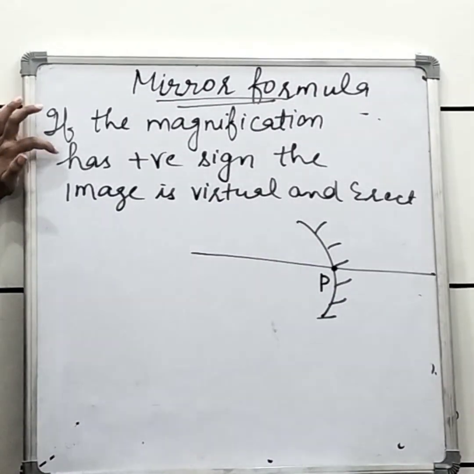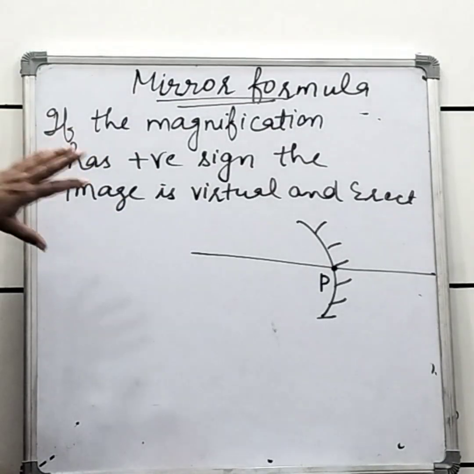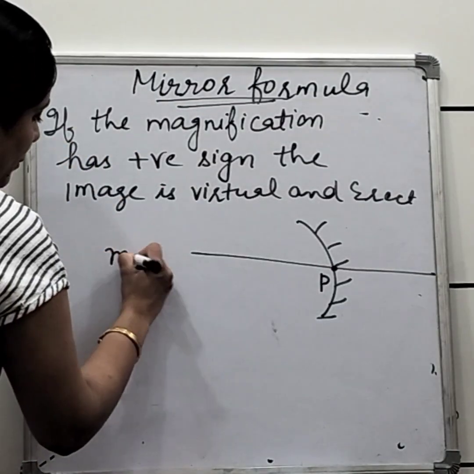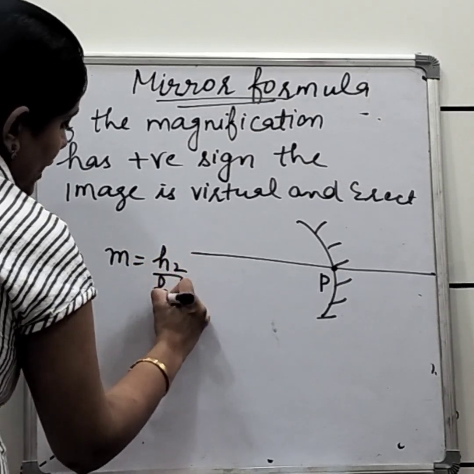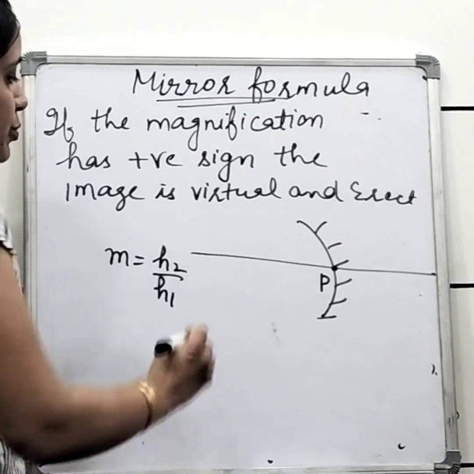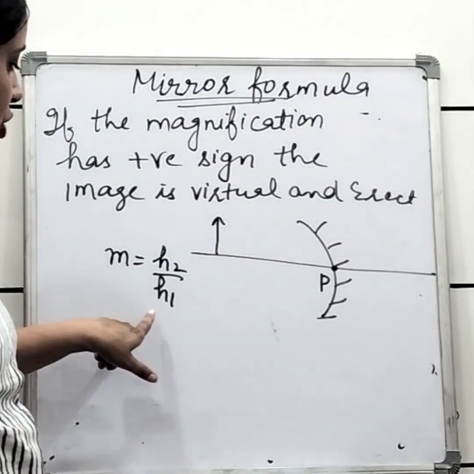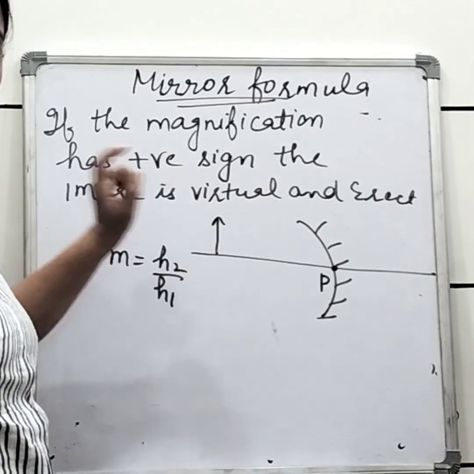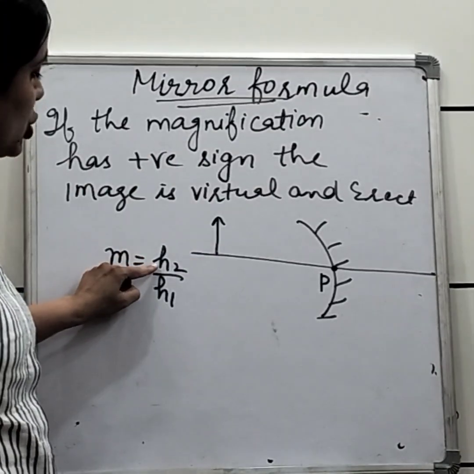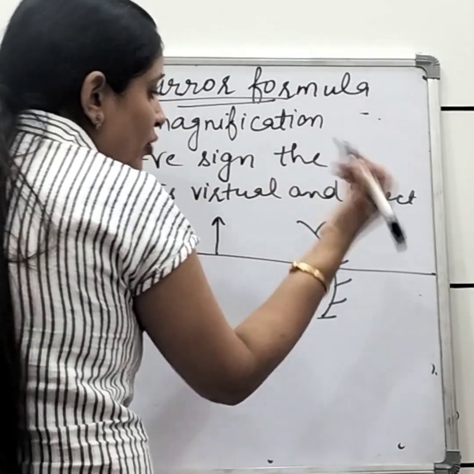If the magnification has a positive sign, it means the image will be virtual and erect. M is equal to H2 by H1. You know that H1 is always positive because the object is always placed in the upward direction on the principal axis. So H1 is positive according to the new Cartesian sign convention. If H2 is also positive, it means the image is formed in the upward direction.